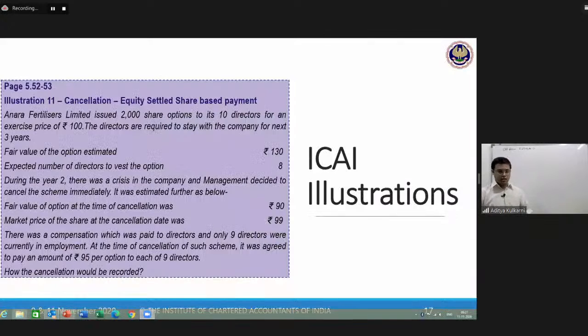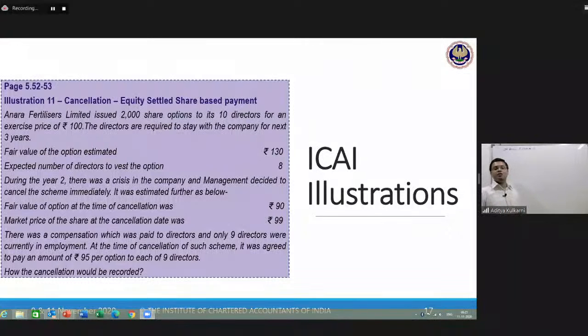Now let us come to the problem once again. They have given some information. What have they given? During year two, there was a crisis and management decided to cancel the scheme immediately. It was estimated further as below. What is estimated? The fair value is given now. This is a case of a reduction, a crisis. So now your directors are telling we are not in a position to give because the company is not performing well.